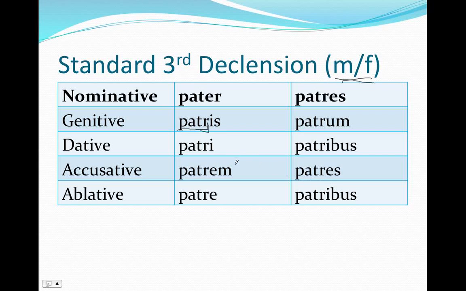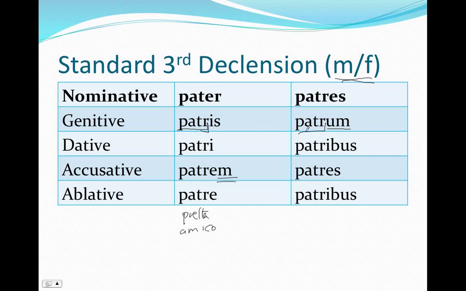Now some patterns can be acknowledged here. First, the accusative singular ends in m. Remember, all accusative singulars end in m. We saw that in the first and second declensions. Neuters are going to be a slight exception there. The ablative singular is going to have a vowel ending. We had puella, we had amico, and now we have patre. Some other patterns: genitive plurals end in um.